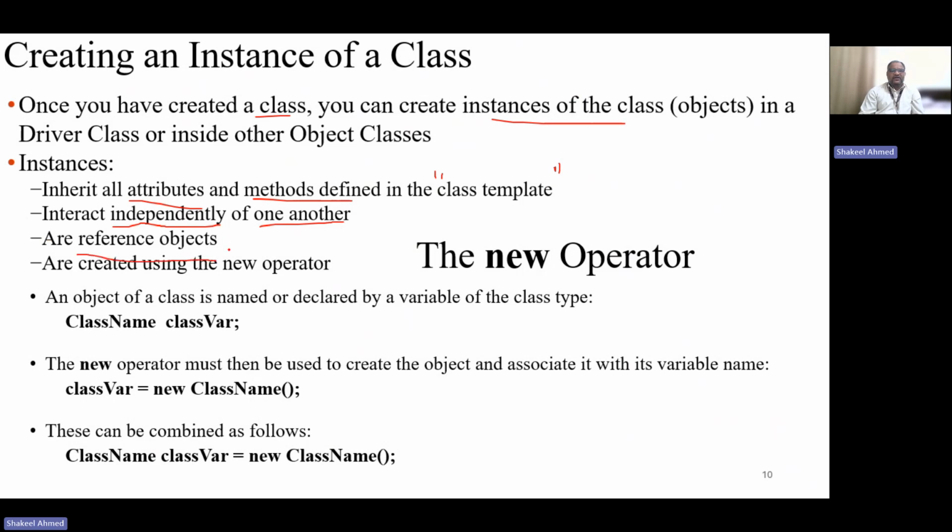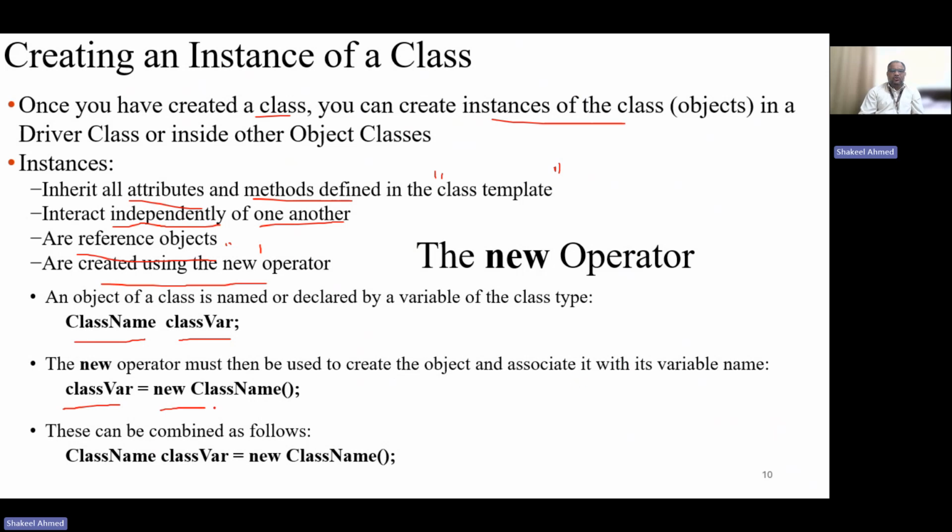References are created using the new operator. An object of a class is named or declared by a variable of class type. Here you can see that we have a Student class, and then we give a class variable for that and make it new. The new operator must be used to create the objects and associate them.